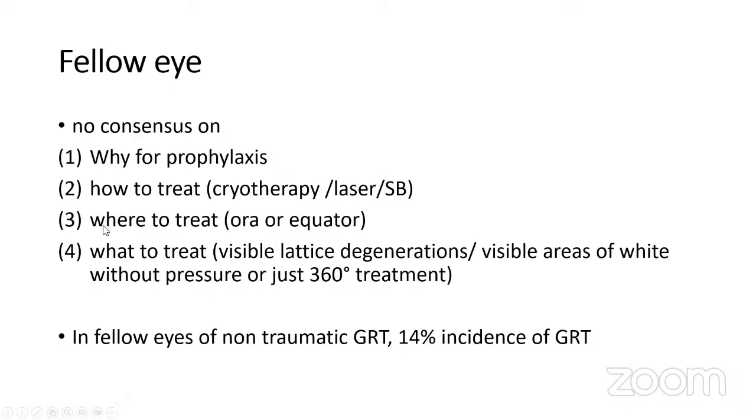Nor whether to treat just the abnormal vitreous adhesion itself or up to the ora, whether to treat any lattice degeneration, or just barricade 360 degrees. There is still no consensus. However, bear in mind that in fellow eyes of non-traumatic GRT, the incidence of GRT in the fellow eye is up to 14%.